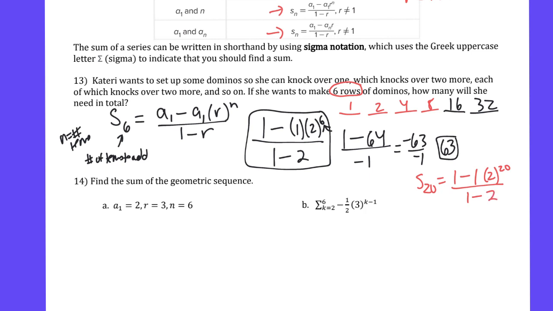Again, if r is negative, it could become minus a negative. If you evaluate this expression, you're going to have a considerable amount: 1,048,575 dominoes. Look at that. You wouldn't want to just add those up yourself.